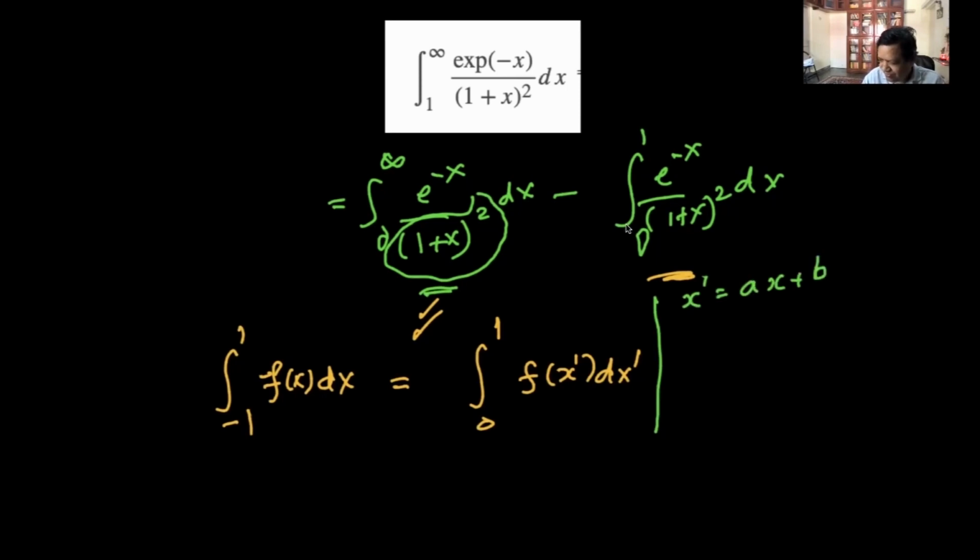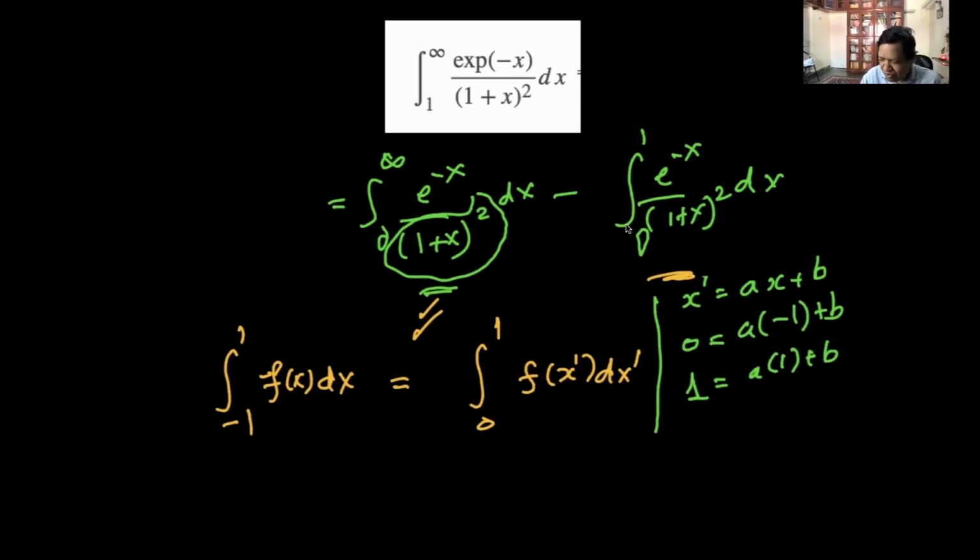Now I want when x' is 0, x is minus 1. When x' is 1, then x is 1. So a times 1 plus b. Now from this I can solve, right? What should be a and b?